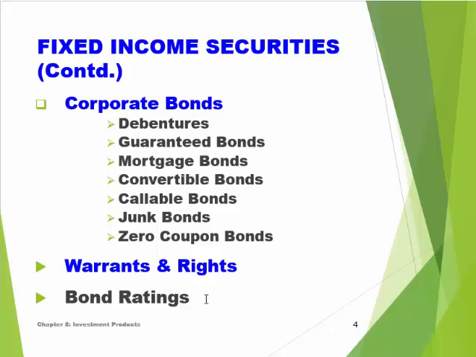The bond ratings, of course, I'm sure everybody is familiar with, from AAA on down, AAA being the least risky. Generally speaking, they will have the highest prices of a series of bonds, but they reflect the default risk for the debt of a company.